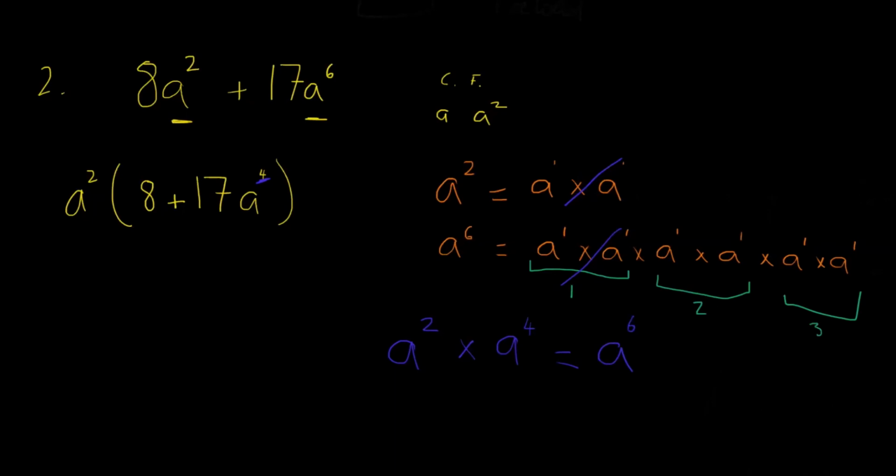Perfect. Okay, so all I'm doing is adding these indices. I'm just doing a plus there, because remember, I'm doing a multiplication there, and I'm adding the indices. So when I take the common factor out, the common factor is a squared. I need to take the a squared outside. So therefore, inside the bracket, I've got to have a to the power of 4.